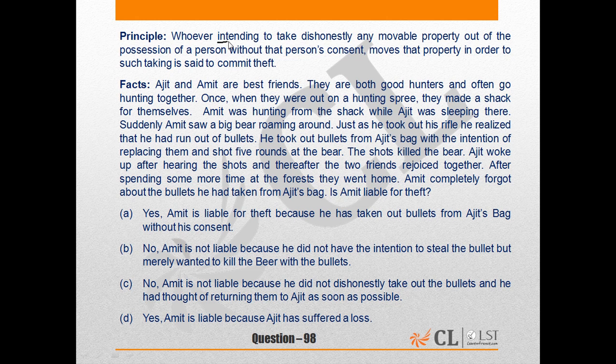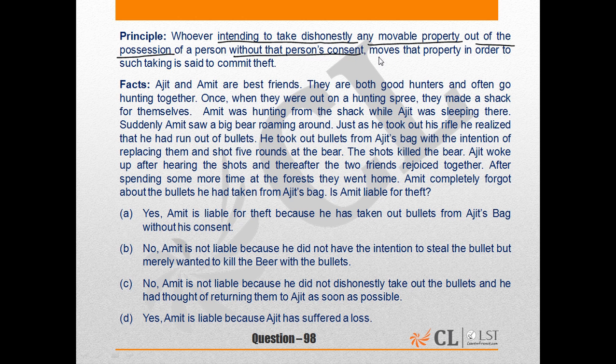First part is intending to take dishonestly. The person should be intending to take something dishonestly. Dishonest intention should be there. What? Any movable property. In what way? Out of the possession of a person. In what manner? Without that person's consent.